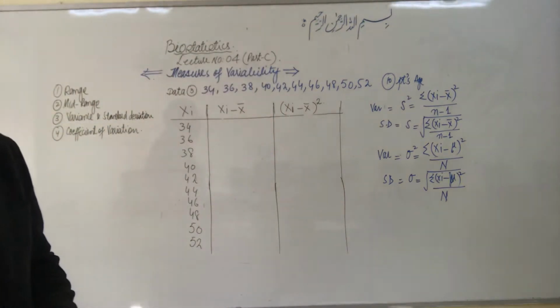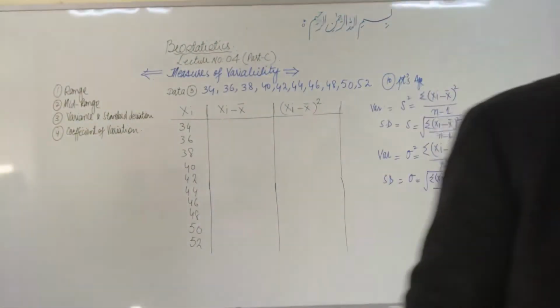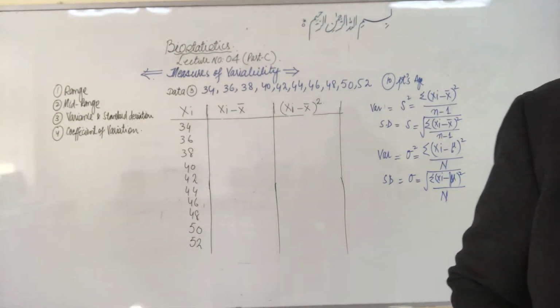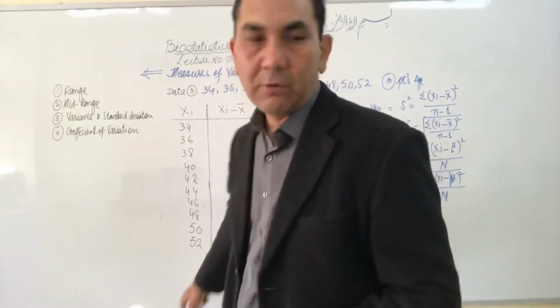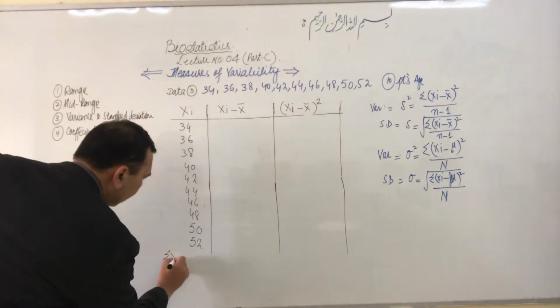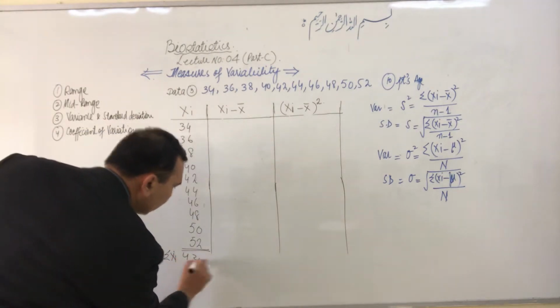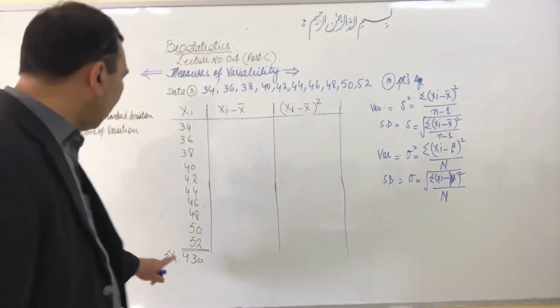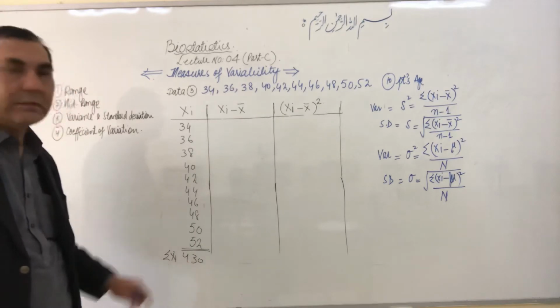This is the sum of the xi. Now I will measure the sum of the xi. The sum of the xi is 430.